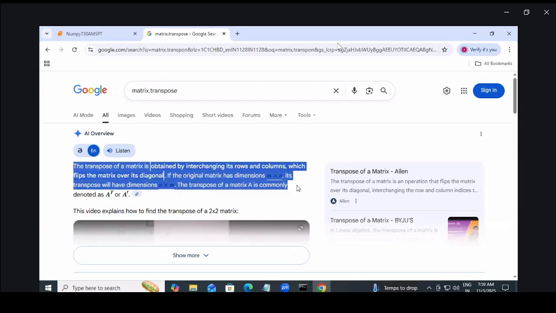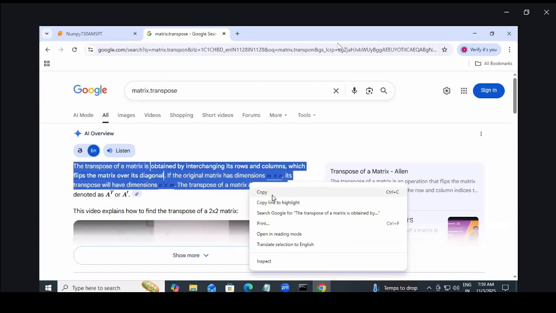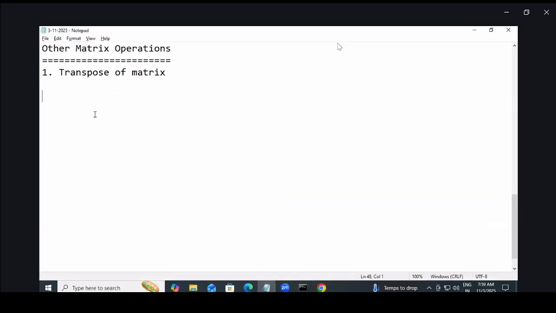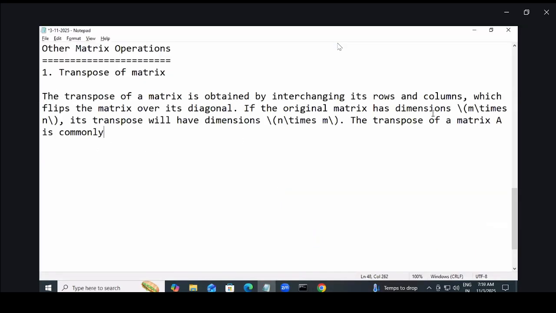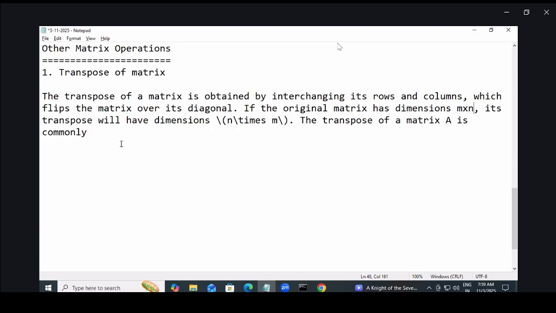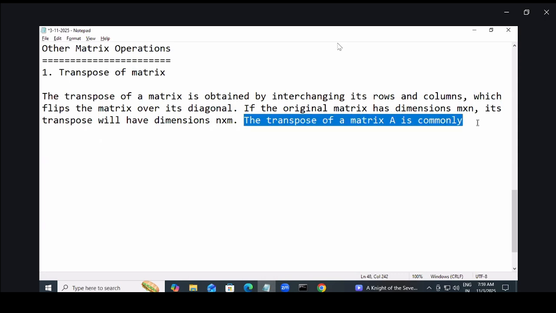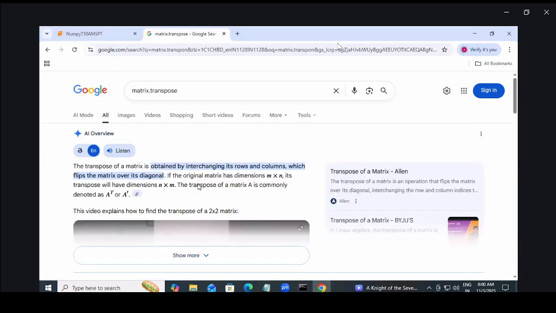Here m is the number of rows and n is the number of columns, so the transpose will have the dimension n by m.